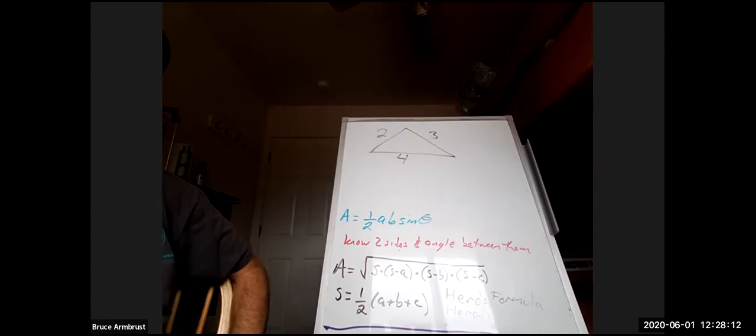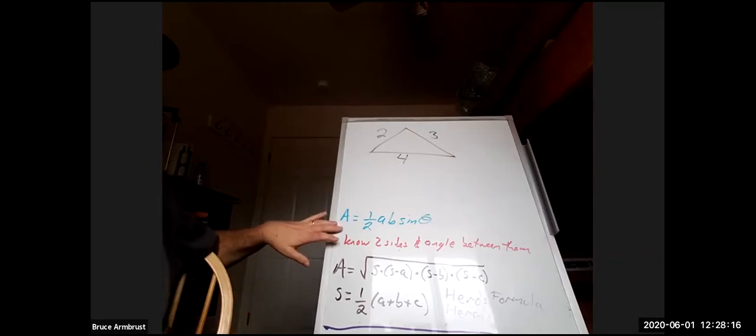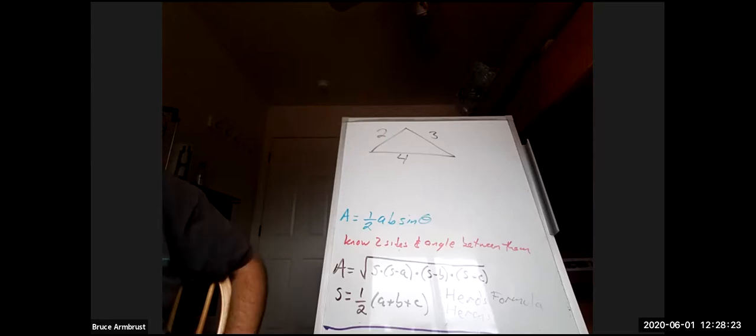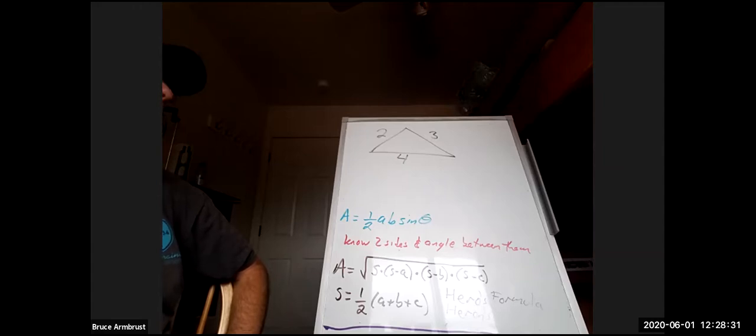And that's not an easy thing to do. If you look at the second one, knowing two sides and an angle in between them, that would require us to find an angle here. Now that's doable. It's not terrible, but it would require us to use the law of cosines. I would rather not. So instead, let's use Hero's formula.